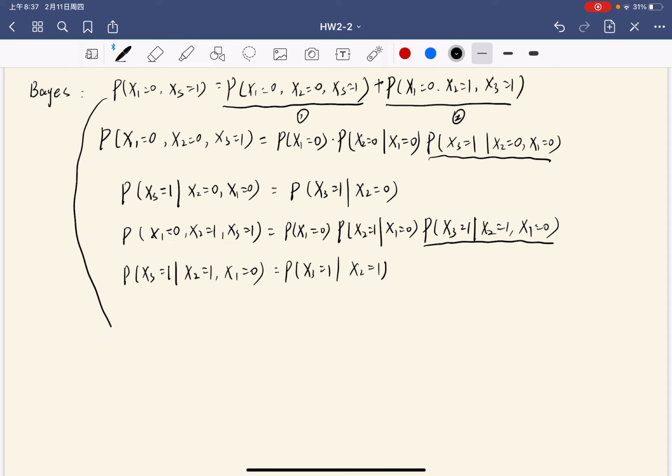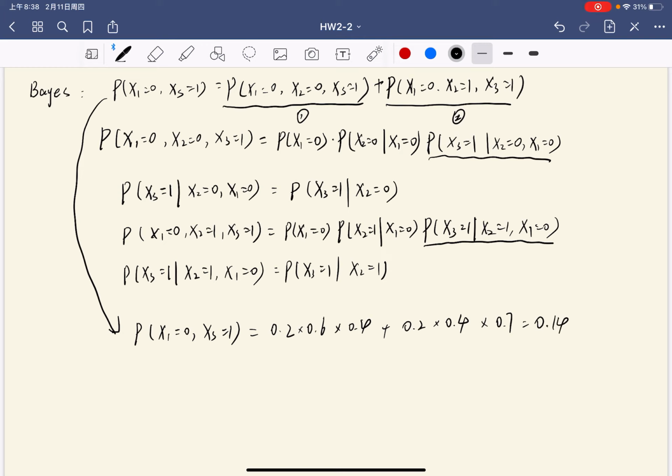We can know that P(x1 = 0, x3 = 1) is 0.2 multiplied by 0.6 and then multiplied by 0.4, plus 0.2 multiplied by 0.4 multiplied by 0.7, and the result is 0.14.